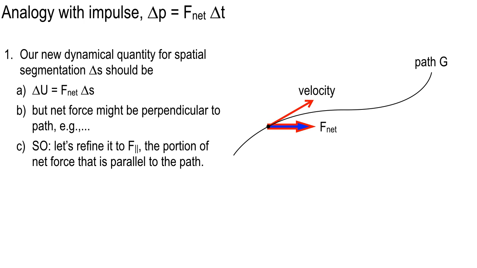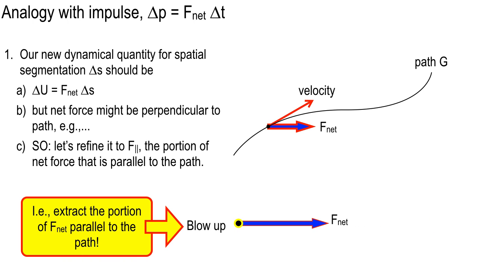Now let's see if you can follow me on this sketch. I'm going to move this net force vector down here and copy it down here and analyze it down here, simply because I don't want to clutter up my diagram up here on the curve.